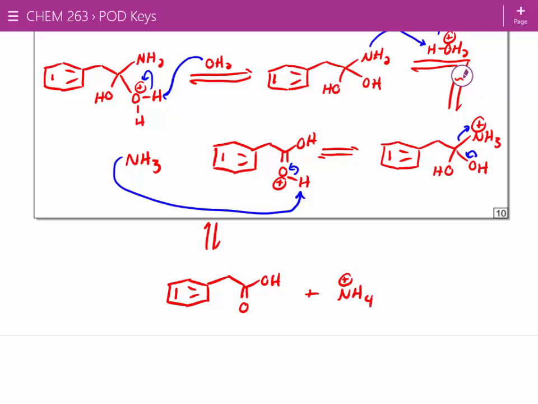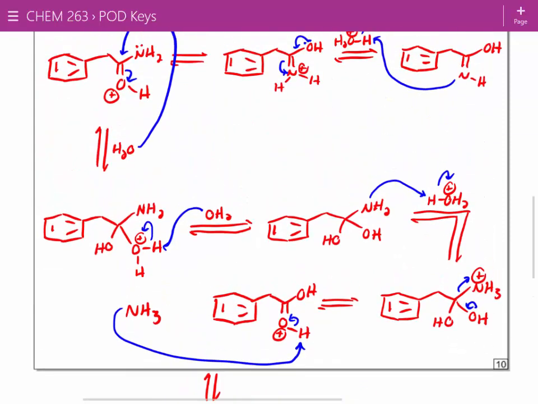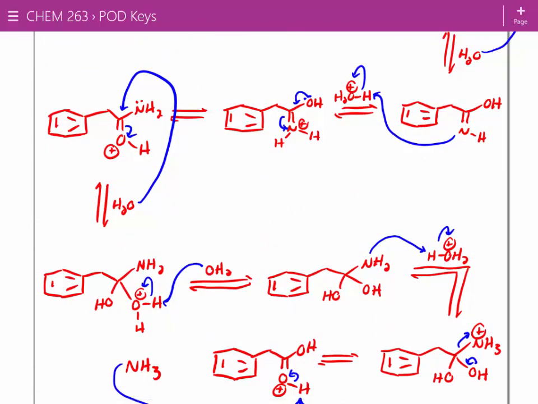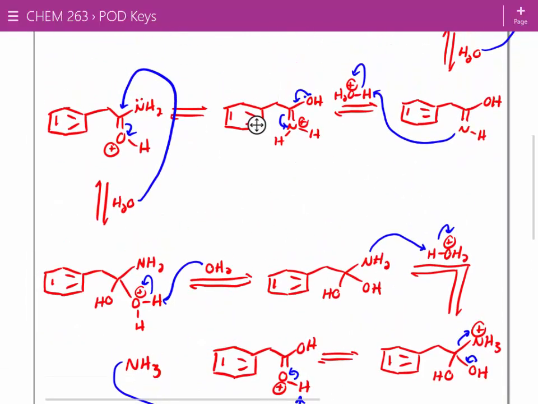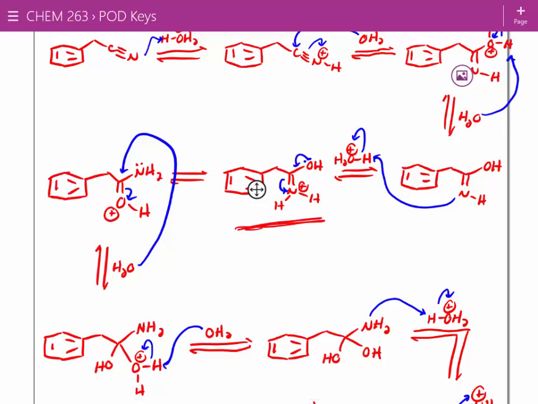Yeah? Why isn't the water attack there instead of making like an aldehyde? Why couldn't you have the water attack the carbon?